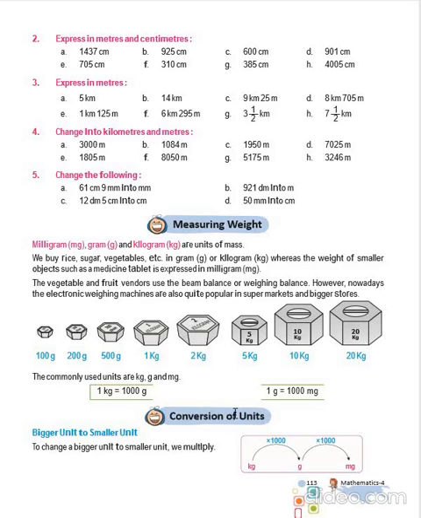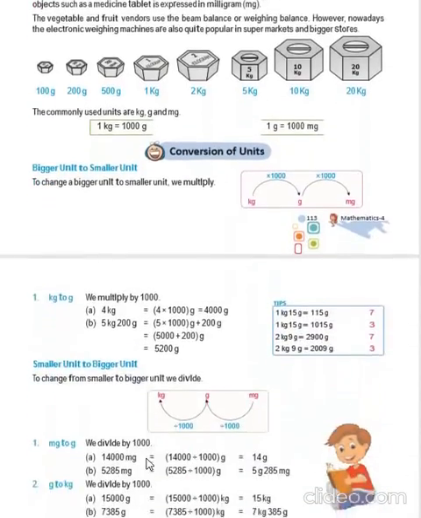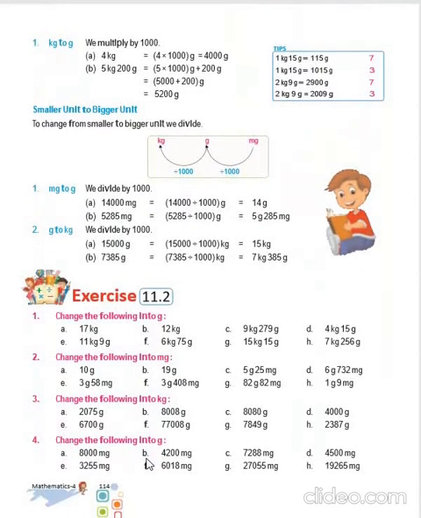Now conversion of units. Bigger unit to smaller unit. Suppose we have to convert kilograms to grams. It is done by multiplying by thousand. 4 kilograms is equal to 4 into 1000 grams, that is equal to 4000 grams.